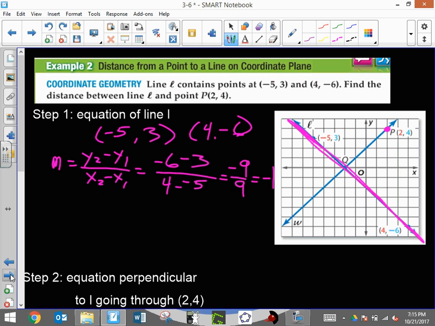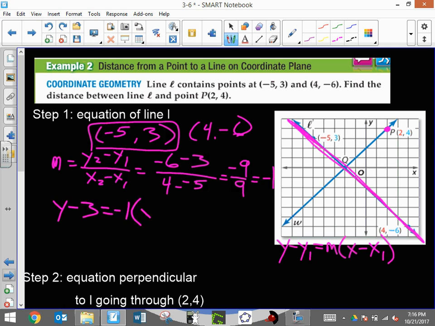Again, pick either one of the points, and you're going to use this equation of a line again. I'm going to use the -5, 3. Why? I don't know, I'm just picking it. So I've got y minus 3 equal to my slope, which we just found was -1, times x minus -5, which is the same thing as plus 5.